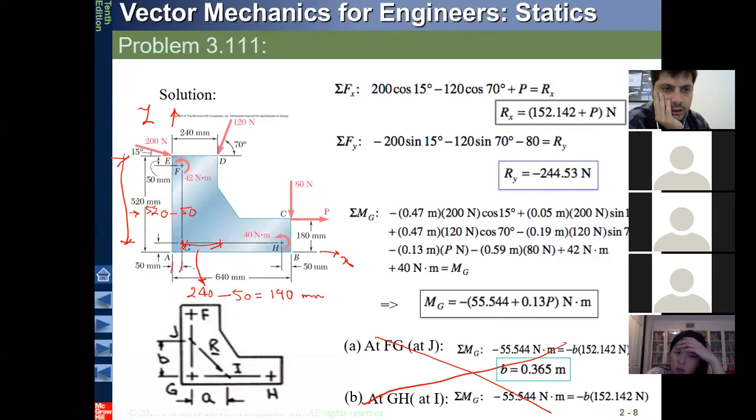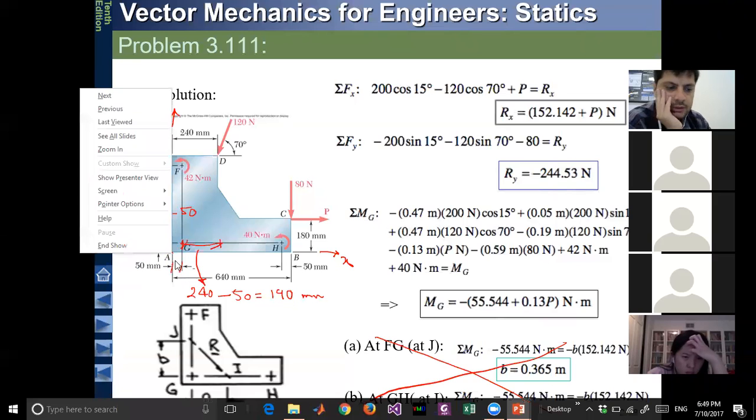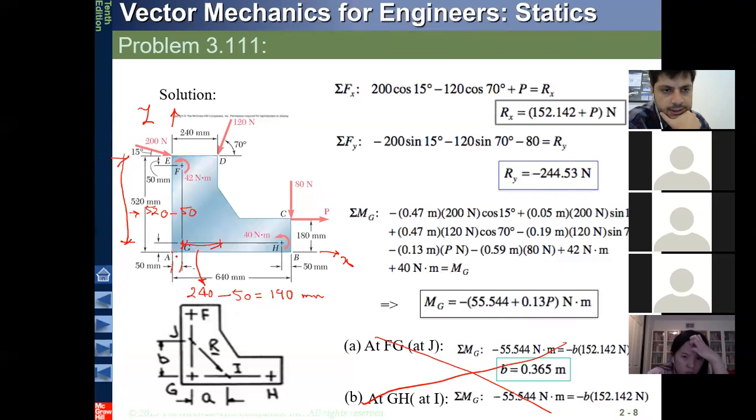D is on the line A. No, it is not on the line AE. You have a 50 millimeter distance in X direction from line AE. G is actually 50 millimeter in X direction from A and also 50 millimeter in Y from A. Is that clear?